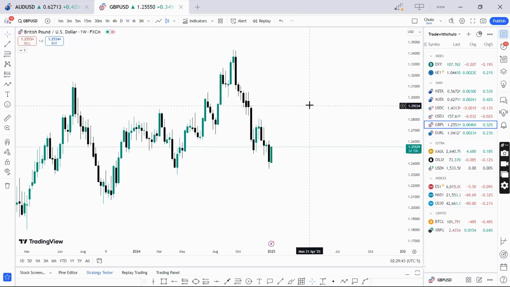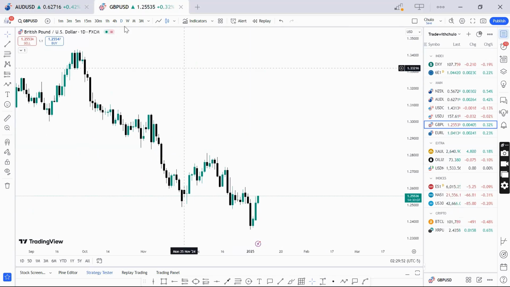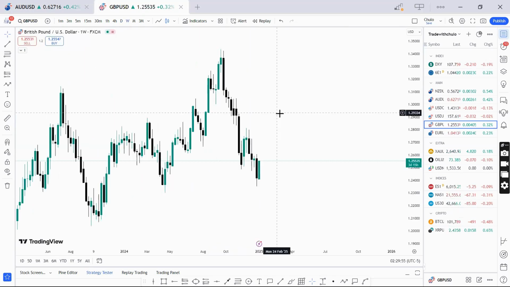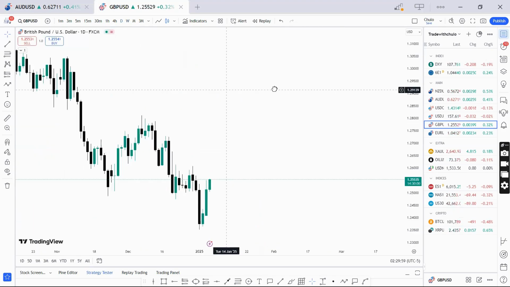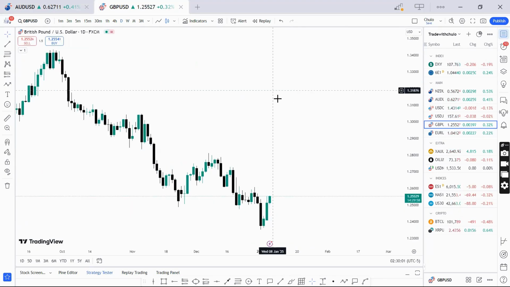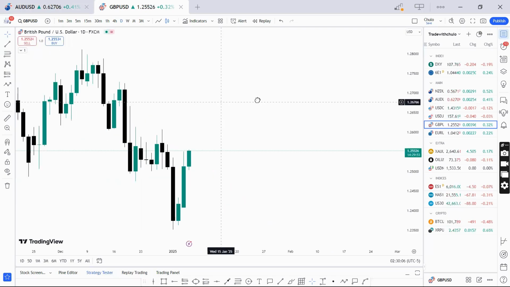GBPUSD. Let's see GBPUSD. So looking at GBPUSD, this is a daily time frame.